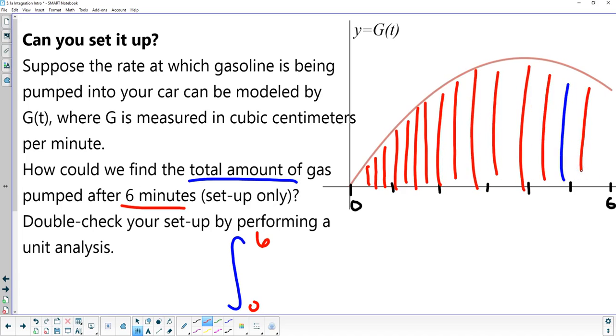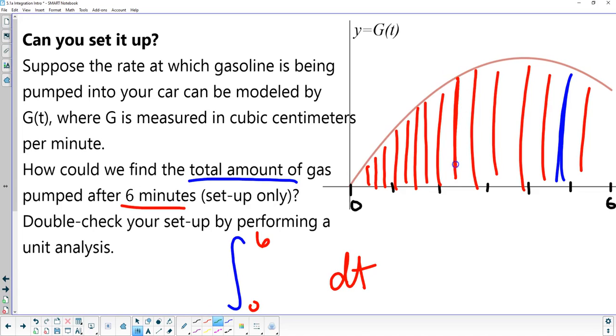Each rectangle is going to be infinitesimally thin. Do you buy that? And we're going to denote that with dt, an infinitesimally thin moment in time. However, the height of each rectangle varies, right?